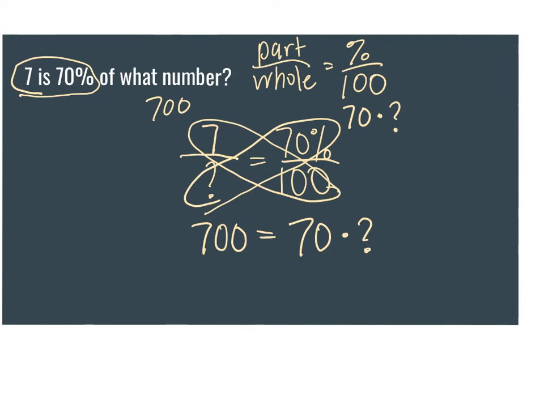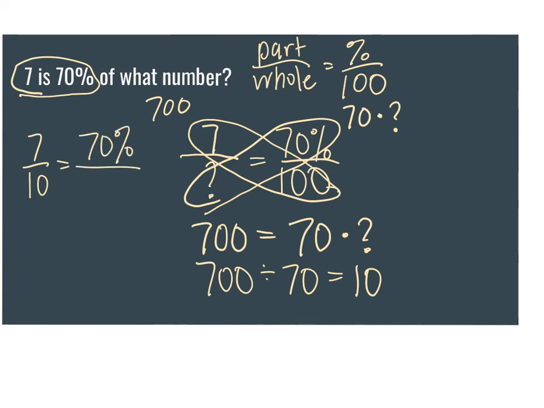From the last problem, we learned that we definitely need to divide. We're going to divide 700 divided by 70, and that gives us 10. So we can say that our equivalent fractions are 7 over 10 is equal to 70% over 100, or 7 is 70% of 10.